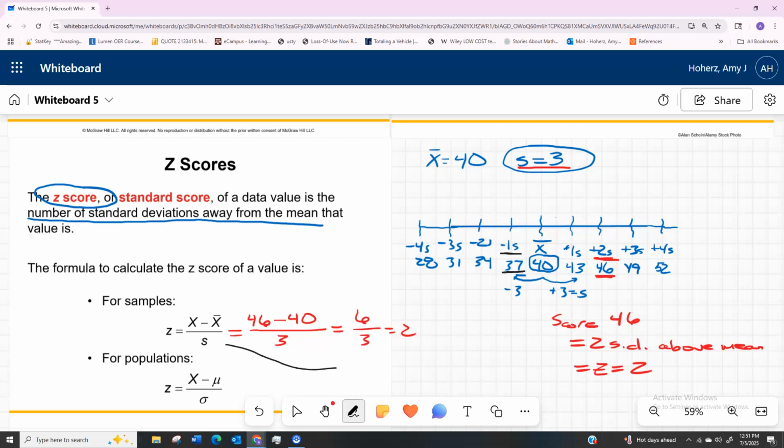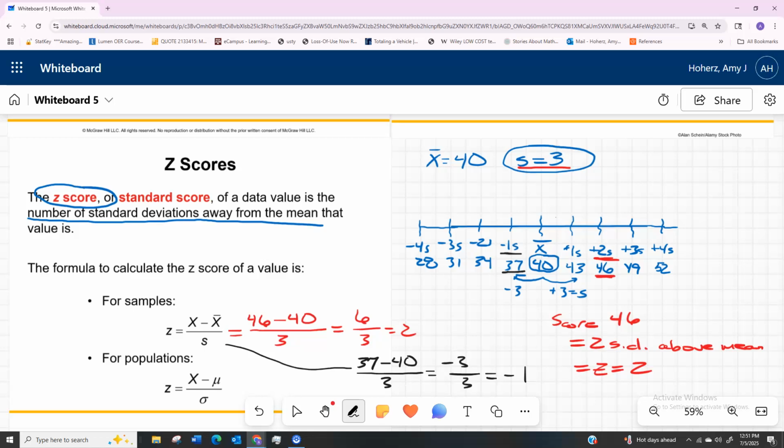The formula would say, take 37, that's our x, subtract the average, which is 40, the mean, divide by 3. Well, the top now gives us negative 3. Divide that by 3, and we get negative 1. So the z-score for that person that scored 37 is negative 1, because they were 1 standard deviation below average.